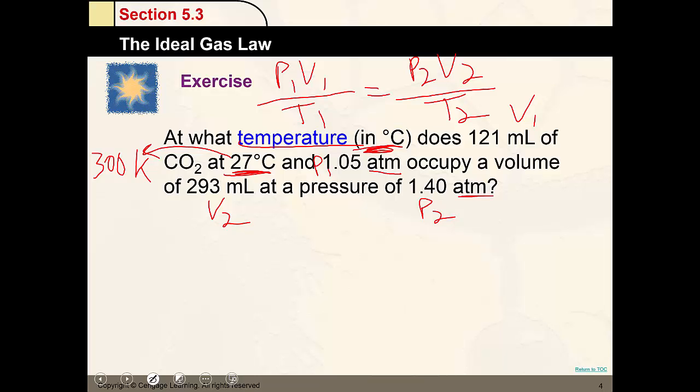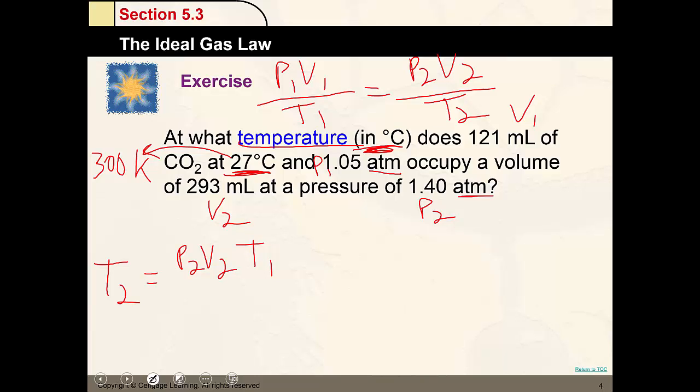Okay, and for the combined gas law, you should be able to solve for any one of these variables, P2, V2, T2. So in this case, we're solving for T2, so you should just be careful. I think the combined gas law is the trickiest to rearrange, so you have to be careful when doing that. So if we're solving for T2, move it to the other side of the equation. So we have P2, V2, and we move T1 to the other side.